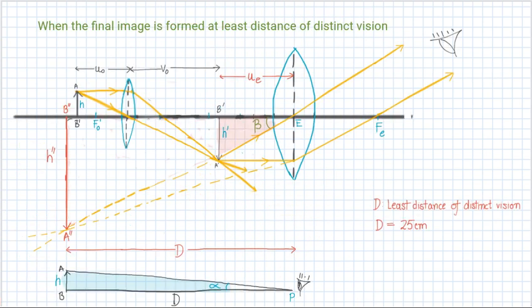Fine. So using the concept of linear magnification, consider your objective. Okay, for the objective, I can write the magnification M as the ratio of the image height h dash upon the object height h. Fine.